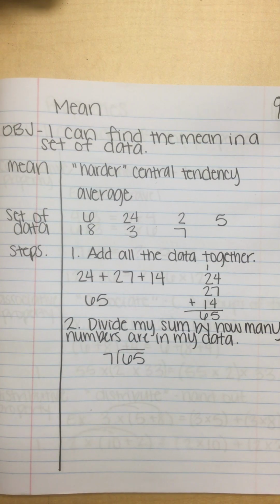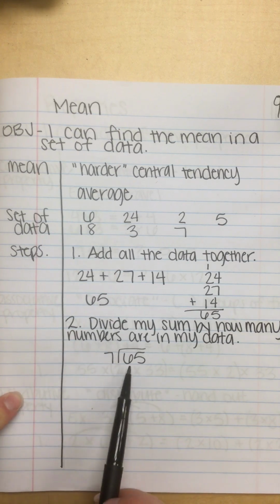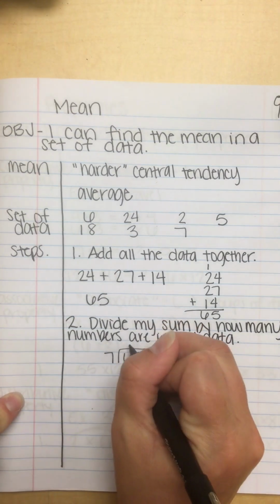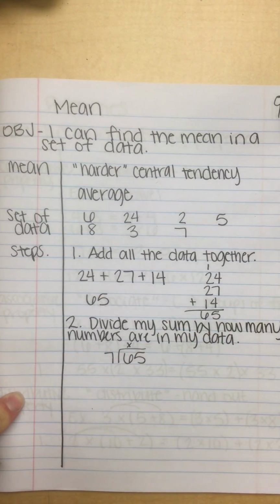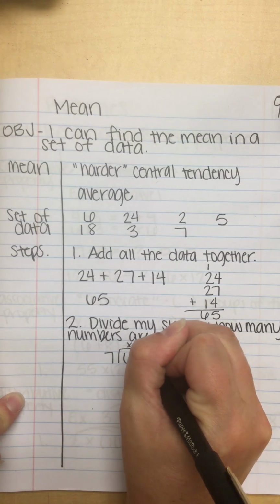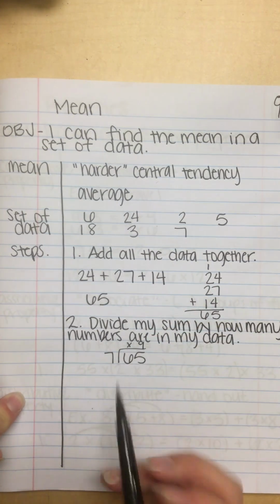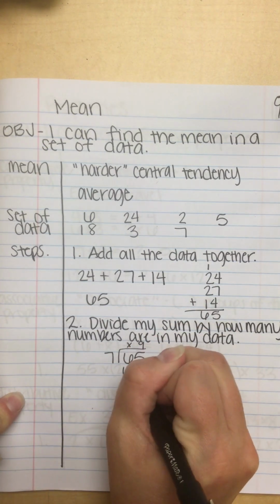Now, this is probably why mean takes so long, because of the division part. All right, so can 7 go into 6? No. Can 7 go into 65? Yes. How many times? 9. Then I multiply. 9 times 7 is 63.